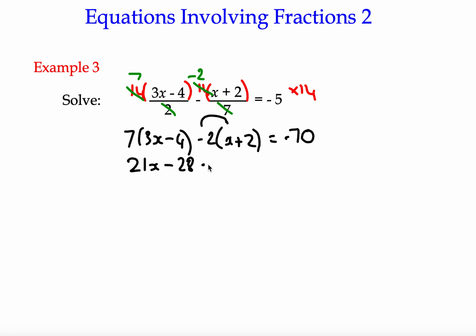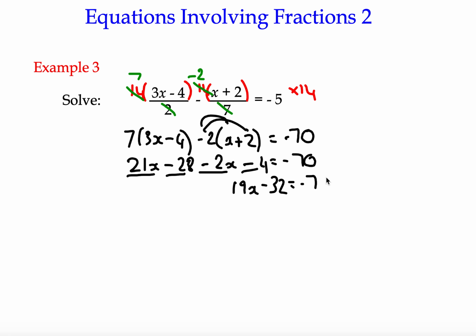Negative 2 times x is negative 2x. Negative 2 times 2 is negative 4. And we've got that. Let's try and tidy this up. 21x take away 2x is 19x. And negative 28 take away another 4. What's that? Negative 32 is equal to negative 70.